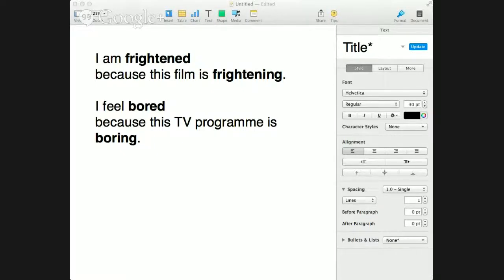So let me repeat that. What friend said was that we use the -ed when we're talking about a moment. So in this moment, I am frightened because, and then he said that the other word we use for describing a general characteristic of something. So the film, what kind of film is it? It's a frightening film. That's a really great explanation, friend. Well done. We're going to go into it a tiny bit more.